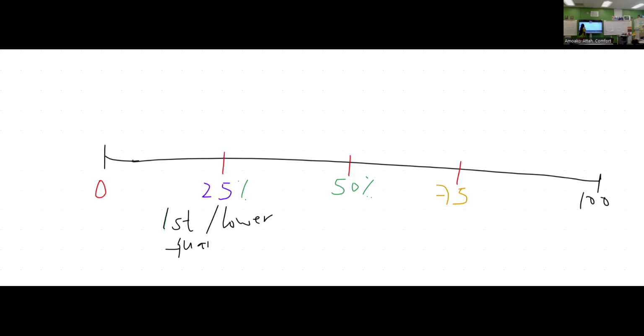Then 50 becomes the median or the second quartile. You remember that a median is the middle number, right? Then 75 becomes the third or the upper quartile.